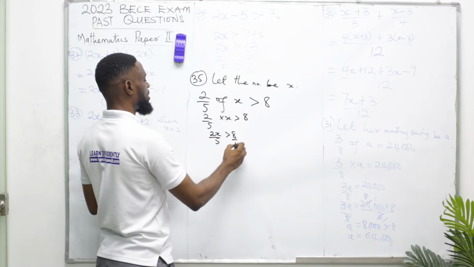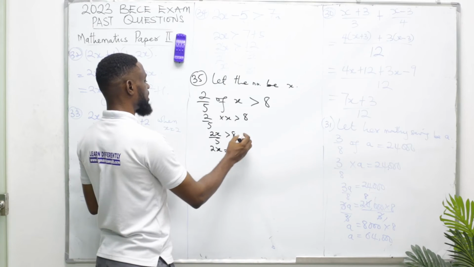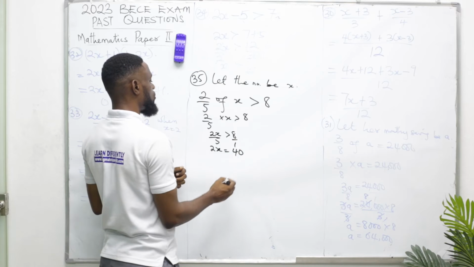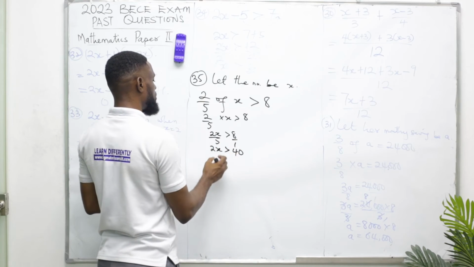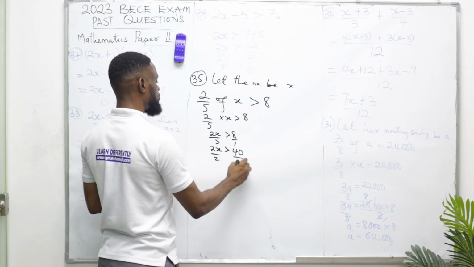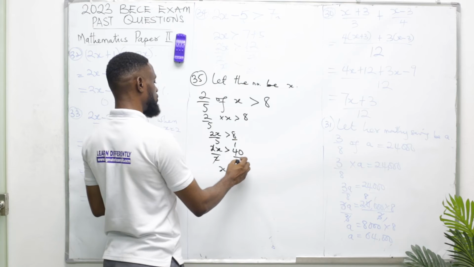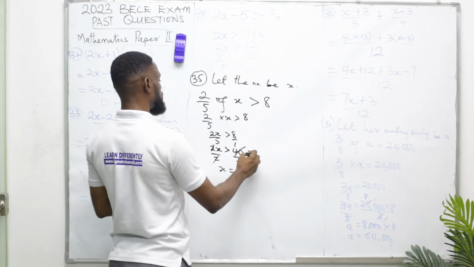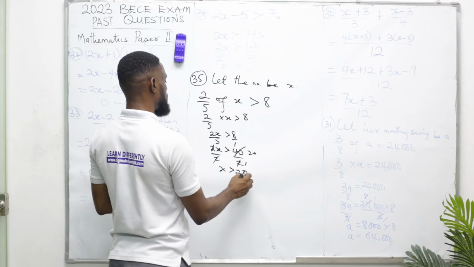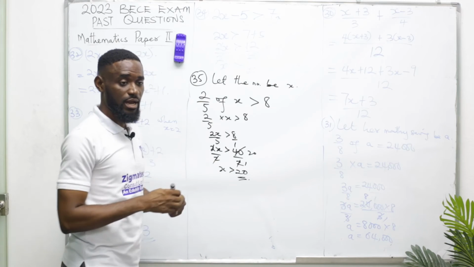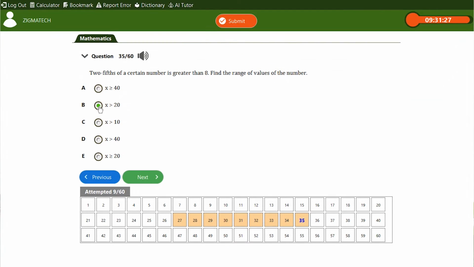Cross multiply. So 2x is greater than 5 times 8, which is 40. So divide by 2, x is greater than 20.